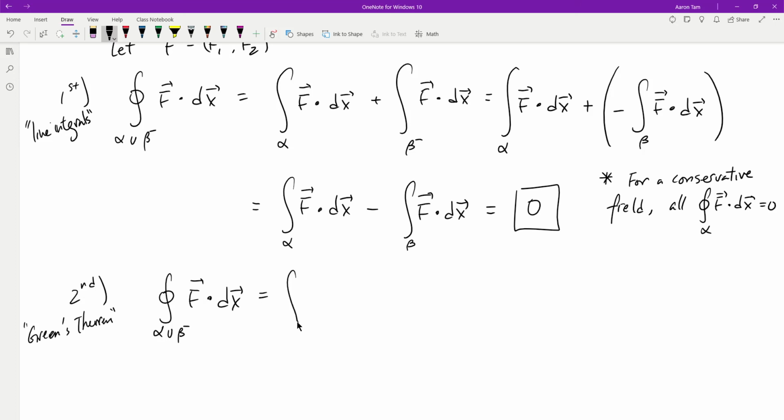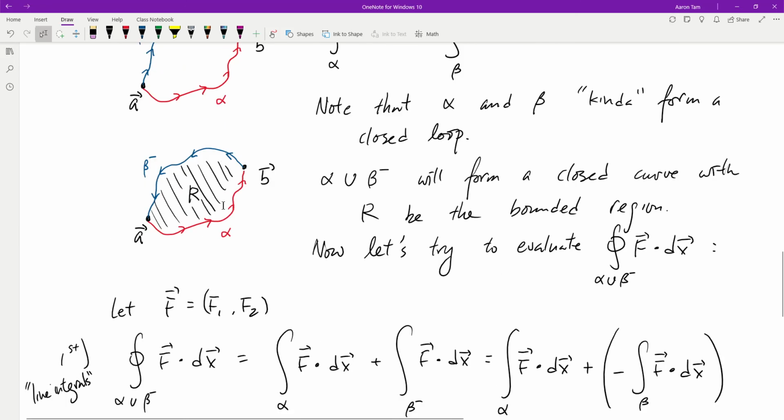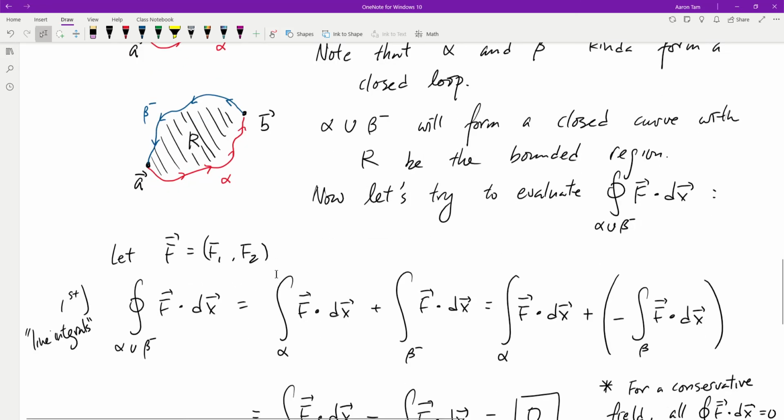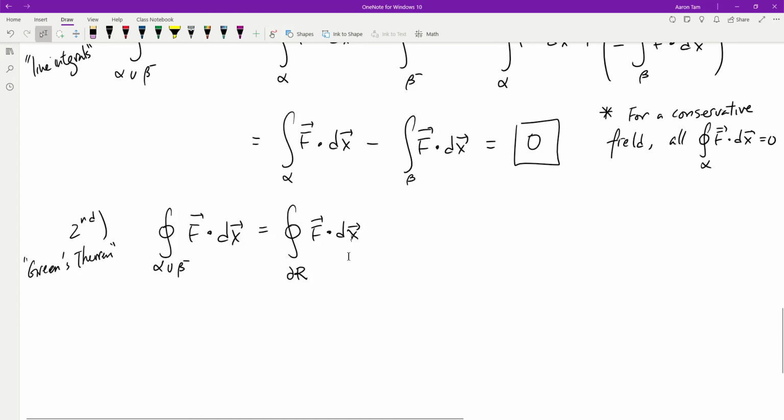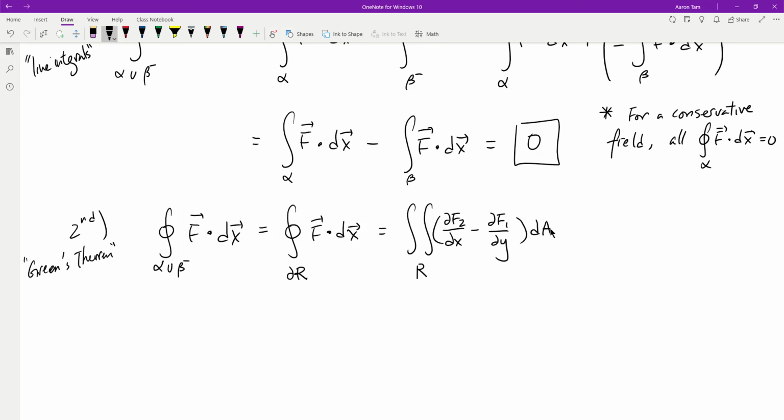So that's the same thing as saying that we're doing the boundary of R. Because remember, I defined the interior to be R, so therefore the boundary would just be dR. And according to Green's theorem, that would be the same thing as a double Riemann integral over R, df2 over dx minus df1 over dy, dA.